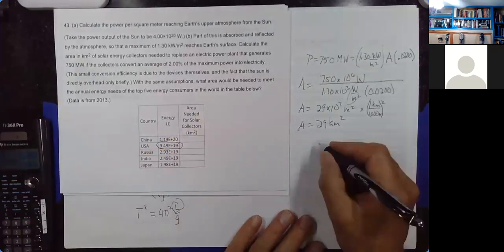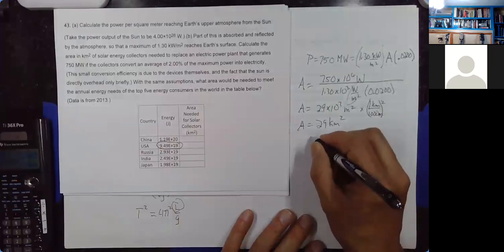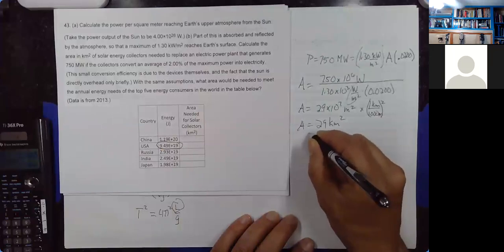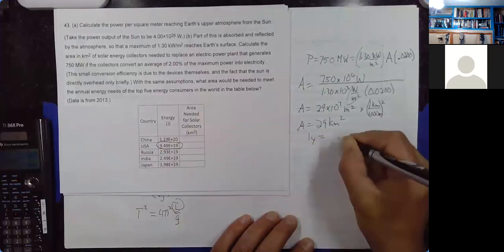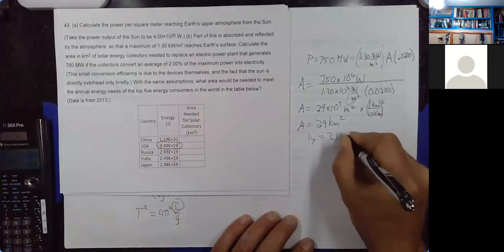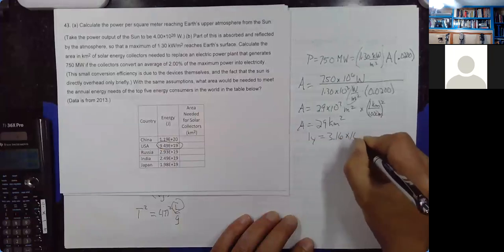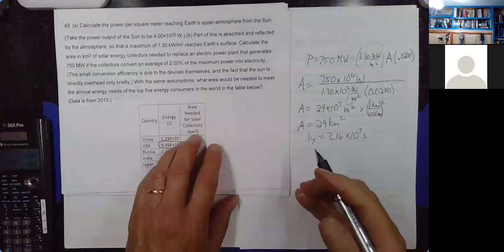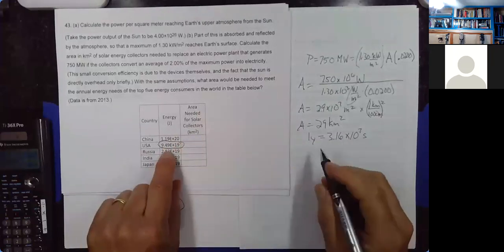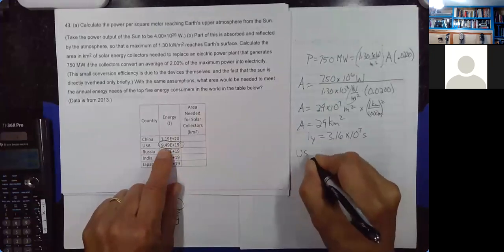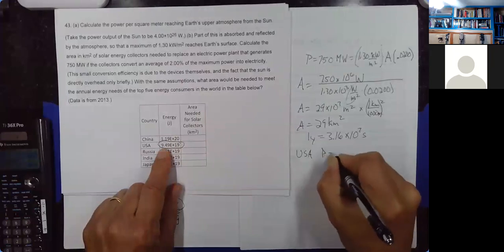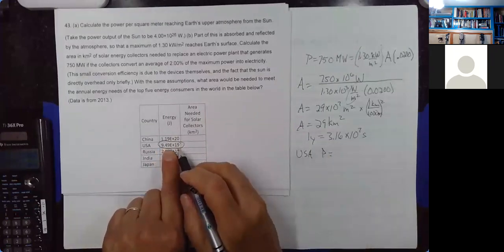I don't know if you remember this from yesterday, but 1 year is equal to about 3.16 times 10 to the 7th seconds. And I'm pretty sure it was yesterday that we did that. So in the US, our energy usage is going to be 9.49 times 10 to the 19th joules.